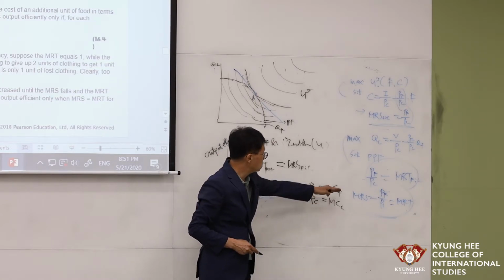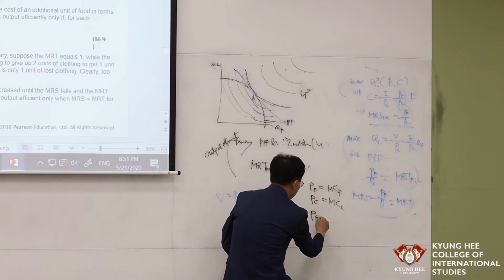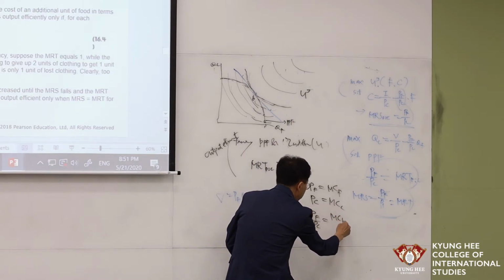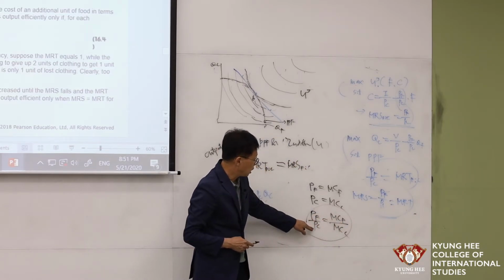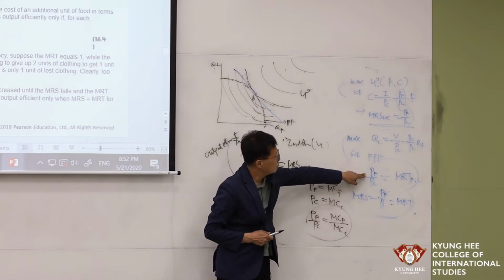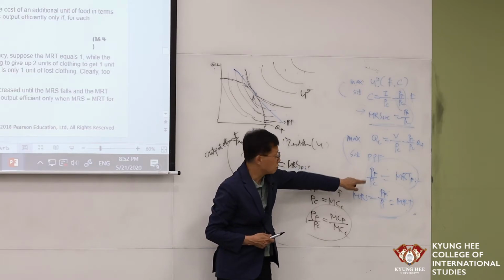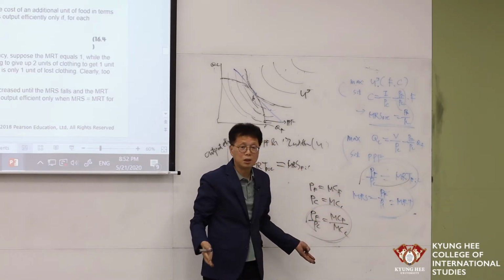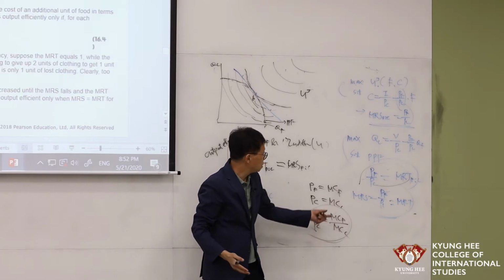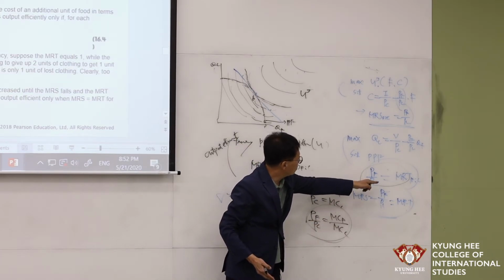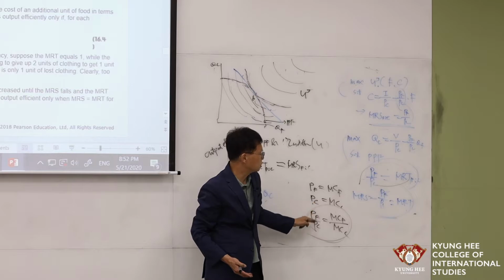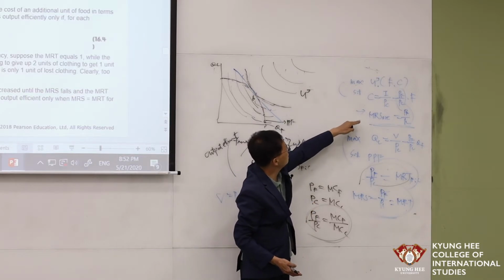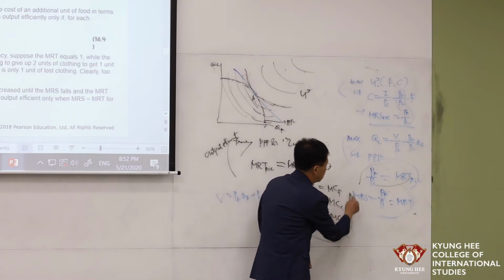So dividing this one by this one, we get PF over PC is equal to MCF over MCC. And we know that this is perfectly the same as the equilibrium condition for value maximization. So we can derive this from the value maximization condition or the profit maximization condition of the two goods. Anyway, combined with the utility maximization condition, we can get this one.